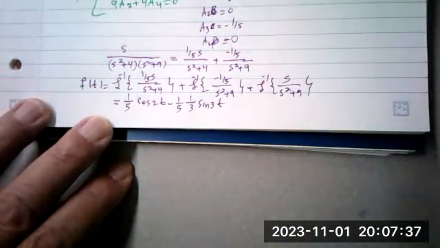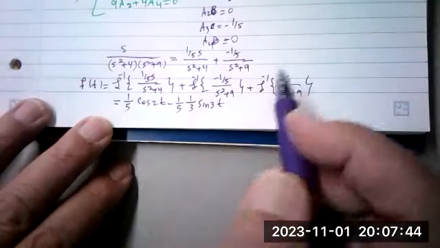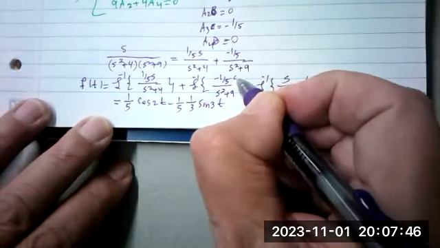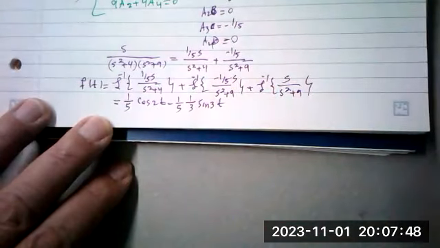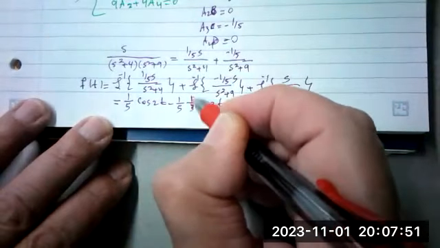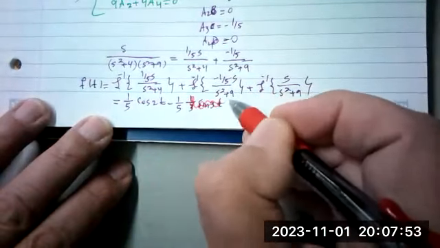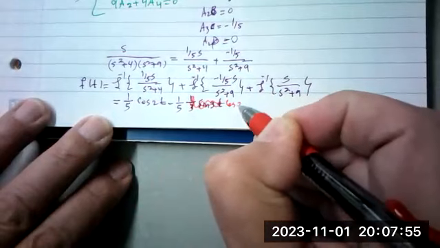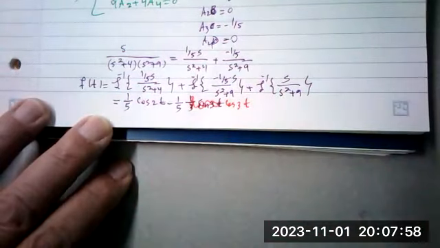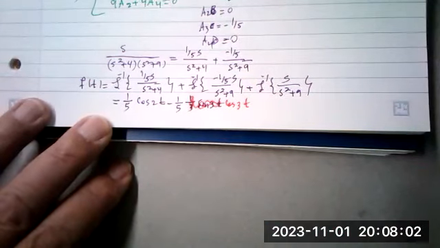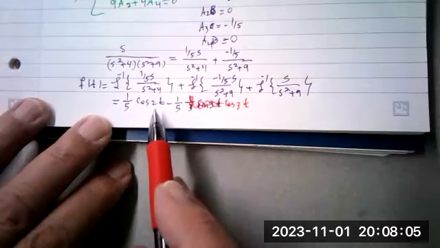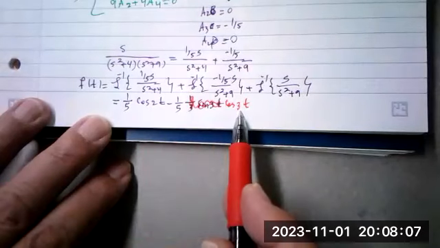Which one? Oh, yes, thank you. There is an s here. You have the s in both of them. So it's going to be negative 1/5 cosine of 3t. And the last one: all of them are going to be cosine.